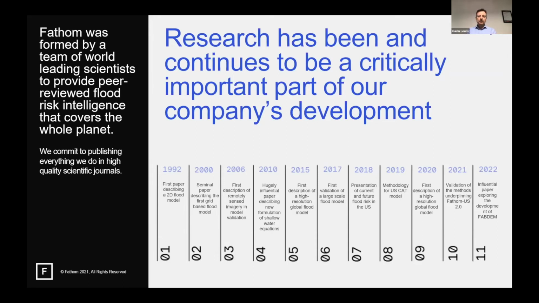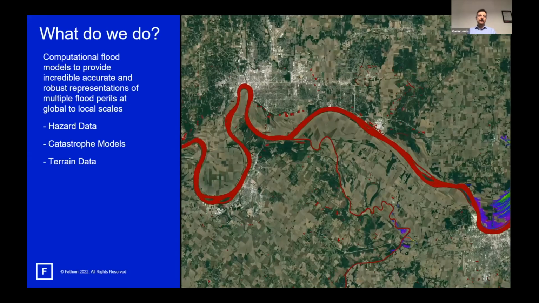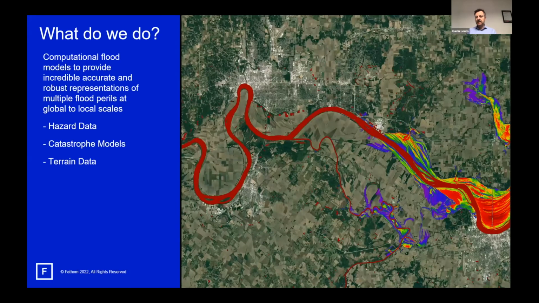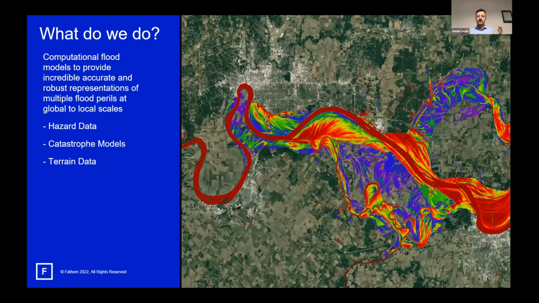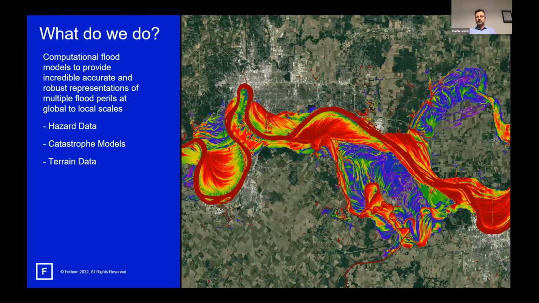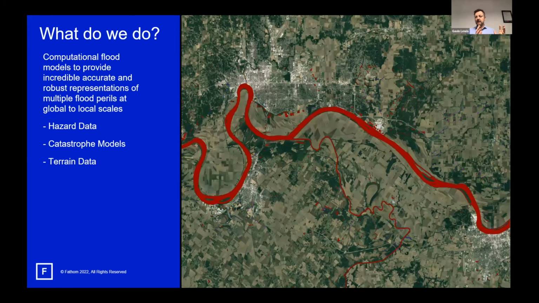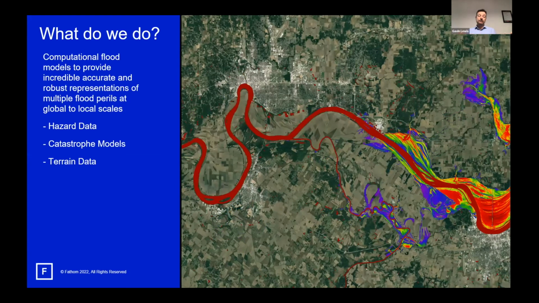Okay, so what do we actually do at Fathom? Well, we essentially create computational flood models. We effectively produce data that tells people what's going to get wet during a flooding event or different types of flooding events at a global scale, but also down to a local scale. And we have essentially 3 product lines.